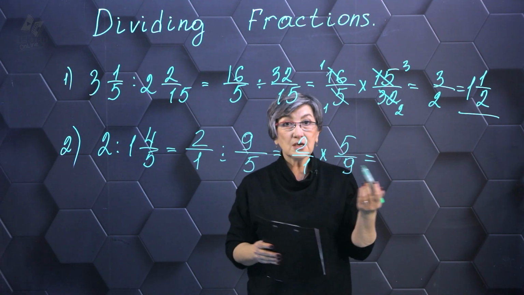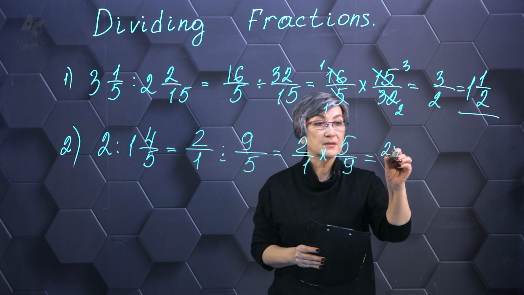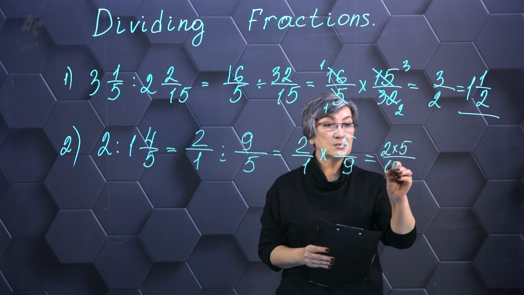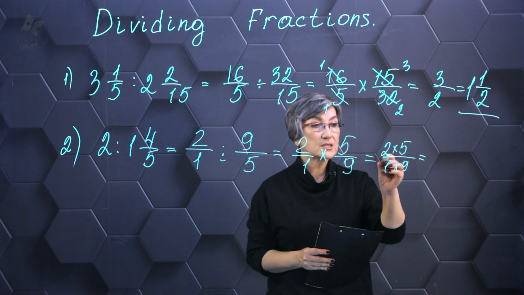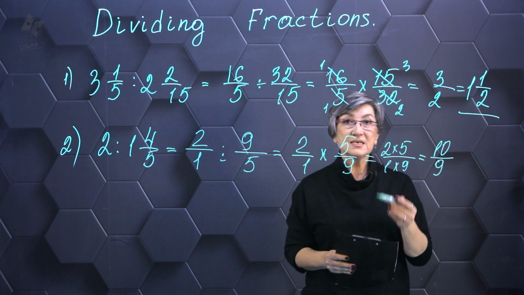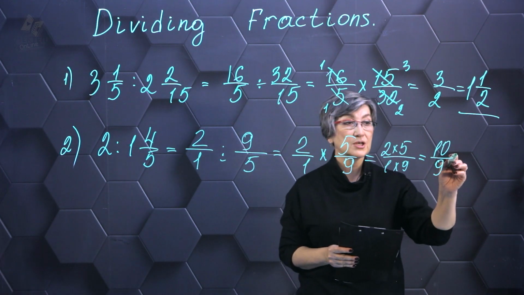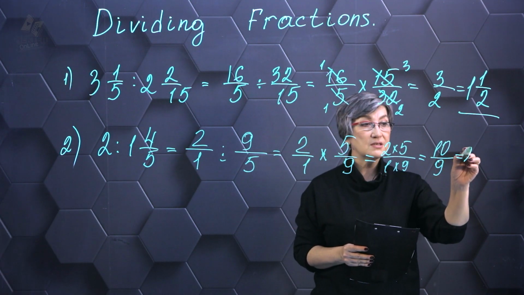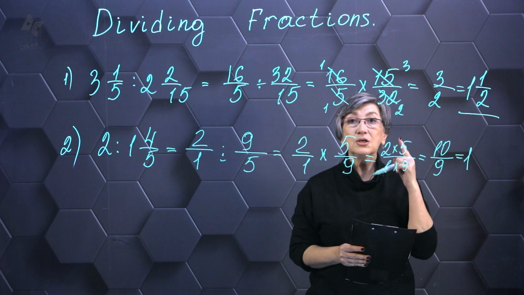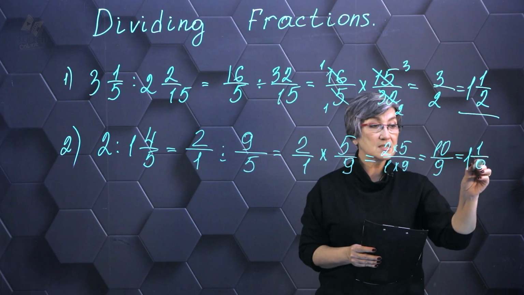There's no reduction here. Then I multiply 2 times 5 and 1 times 9. So 2 times 5 is 10, that's 10/9. 10/9 is an improper fraction, so I have to take the whole part. 10 divided by 9 is 1 whole, and there's 1 left over. I write it in the numerator and leave the denominator the same.